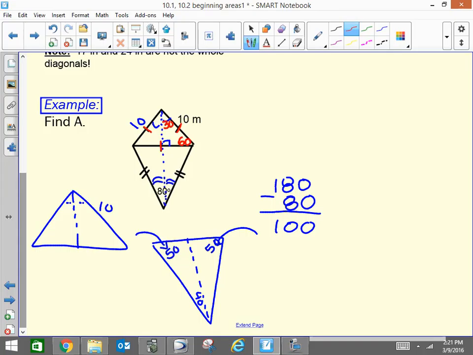What else do you know, Madeline? Tell me what else you know. The long leg. Can we start with the short leg? Sure. Okay, where's the short leg? Right here? Yeah. All right, what is it? It would be 5. All right, we finally have a diagonal. Yay, yay, yay.